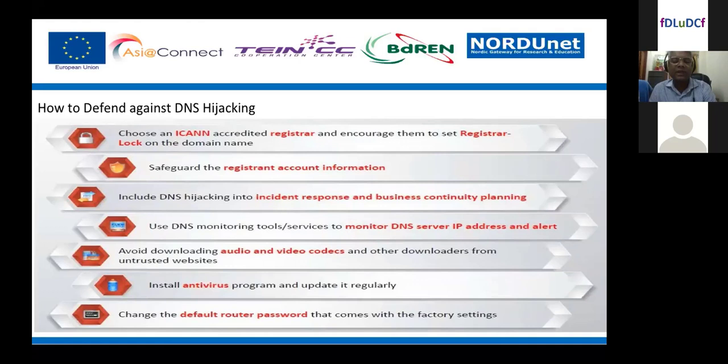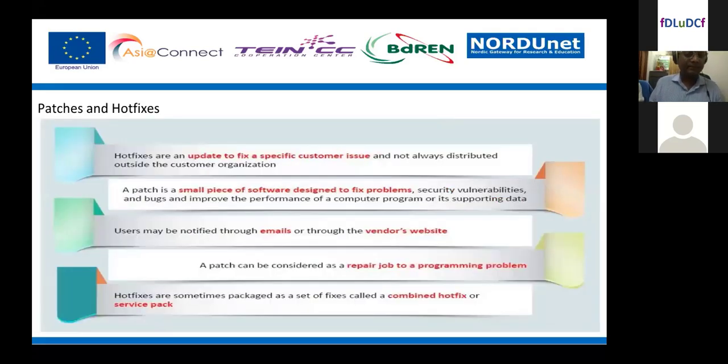Please don't use any default password and username. Please make sure that you are using your own. So these are the things you have to do to defend against DNS hijacking.